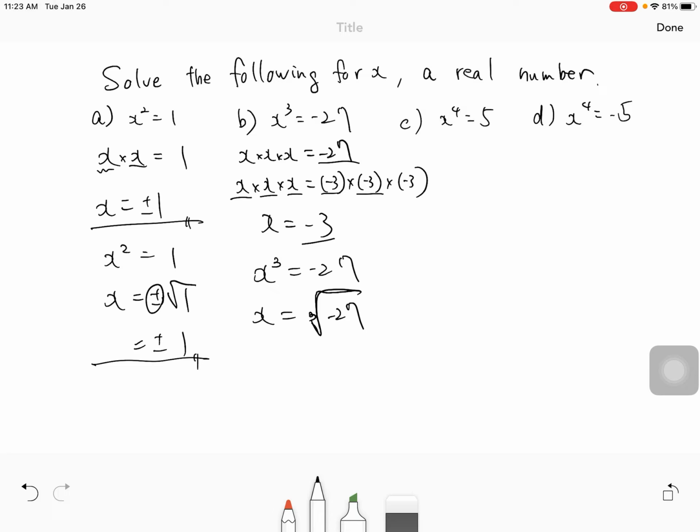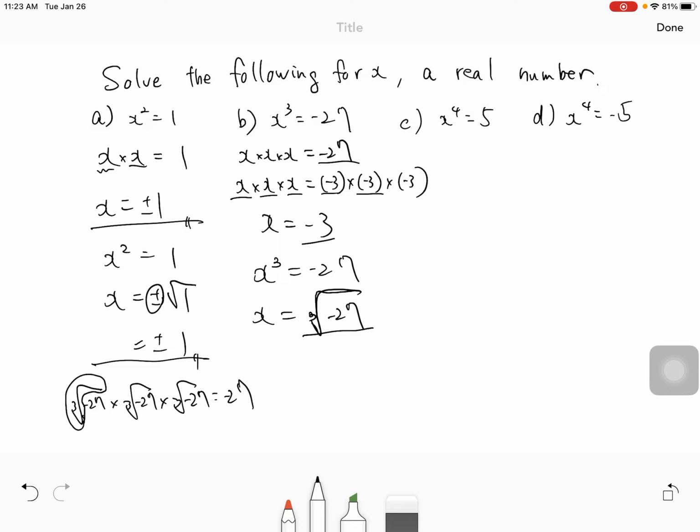Yeah, so you need to put 3. The meaning of this is that if you multiply the third root of negative 27 three times, it's going to be the number inside of it.